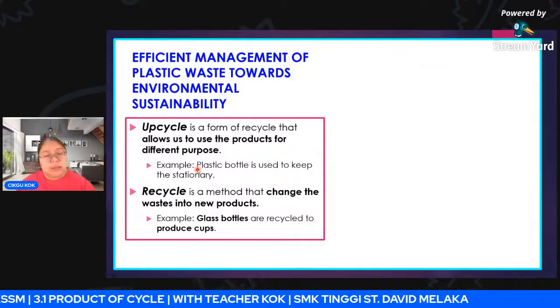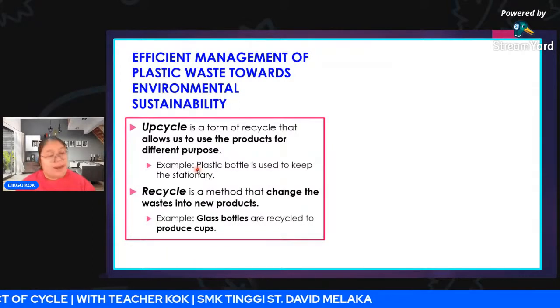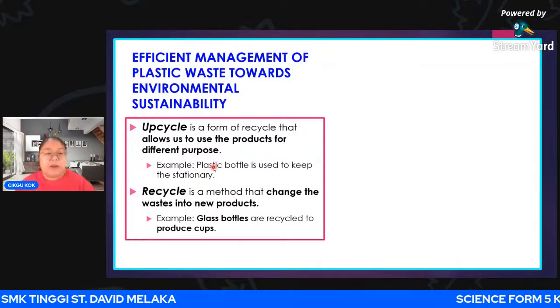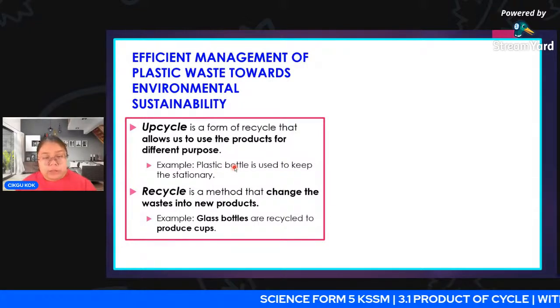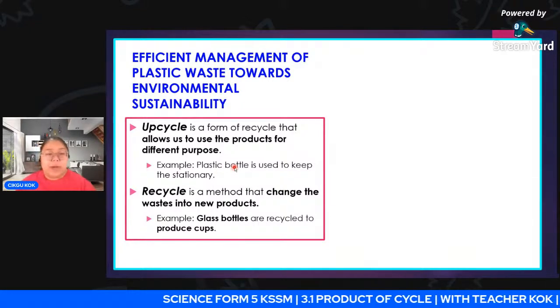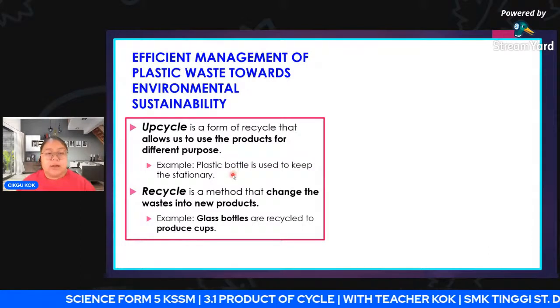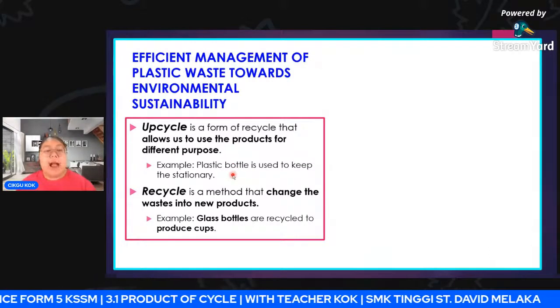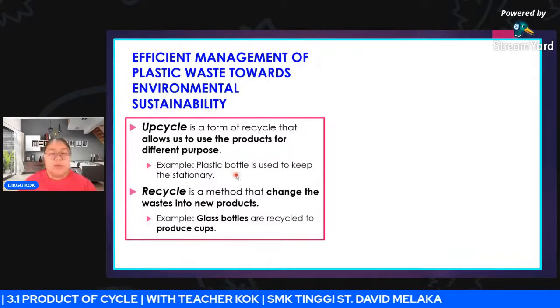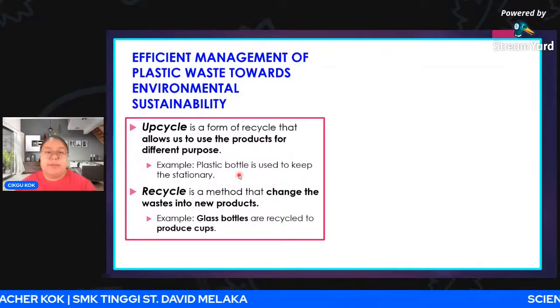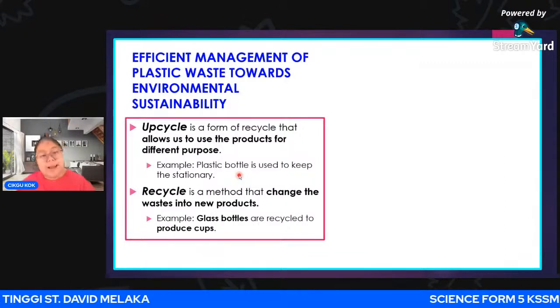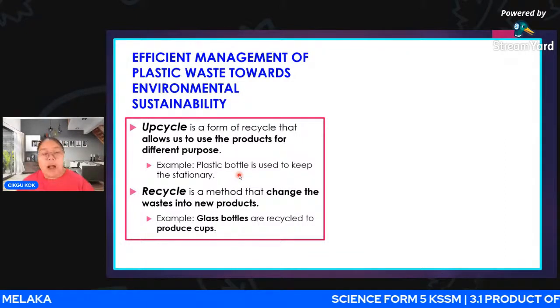That means the item has another function, but you can modify it to another function. So from the plastic bottle, after that you can modify it to become a stationery case. So this one we call upcycle. That means you can use an object and modify it to become more creative for another purpose.